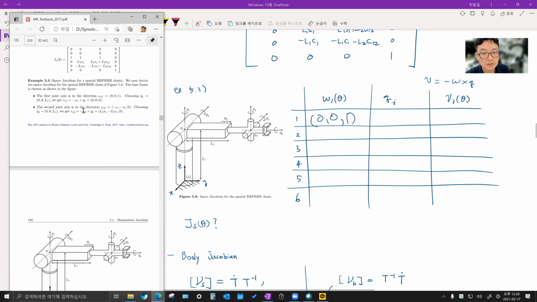In case of the second joint, before we continue to theta 2, we have to find some Q1. Q1 is here. Q1 is selected along this axis, and Q1 is 0, 0, L1.